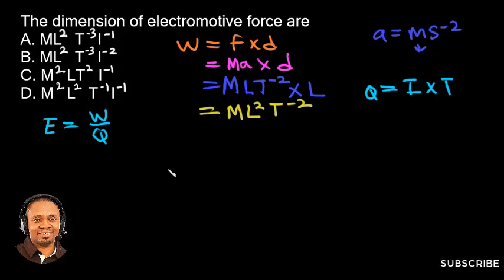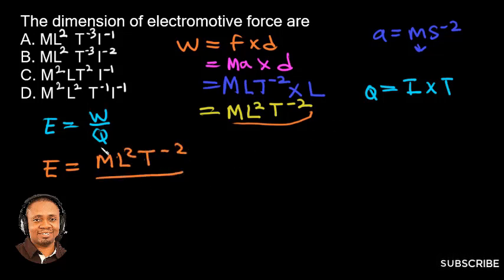Then we're now going to input that in the dimension for electromotive force. So now we have E equals, this will represent W, so we have the dimension M L square T minus 2, over, now this is the dimension for Q, that is I T. Okay, good. So now we need to simplify further.